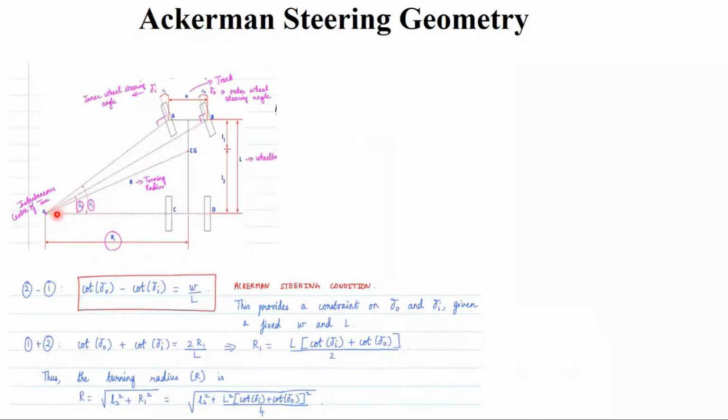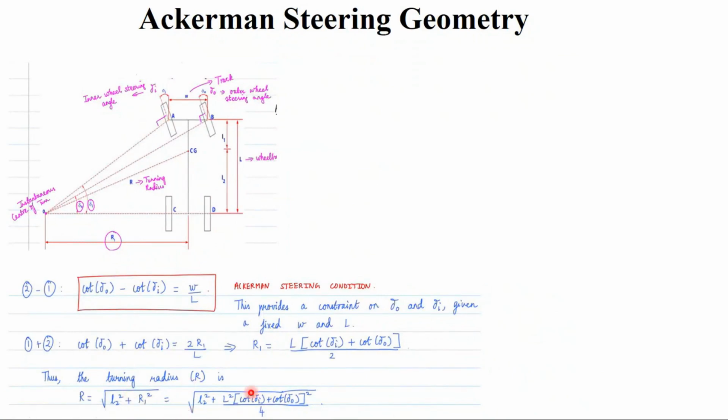So when you take the triangle O, CG point, and the track center, you can see here, the turning radius R is equal to the square root of, when you apply the Pythagoras theorem, one side is L2, another side is R1. So when you take the square root of L2 square plus R1 square, which is nothing but the turning radius R.